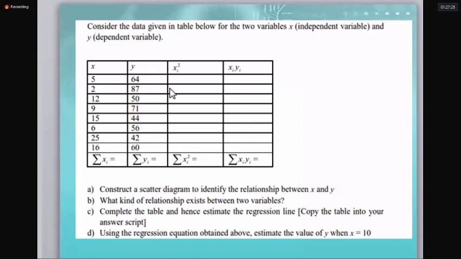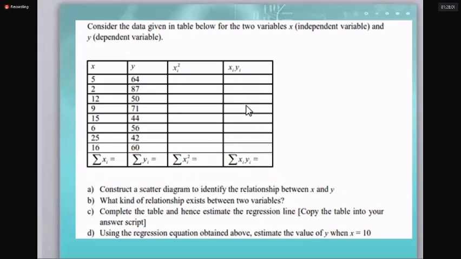Okay, so I got some answer. It says that it's a negative relationship. Yes, it's a negative relationship. You can see that when x is equal to 2, it is 87, and it becomes 64 for 5. That means it reduces. For 9, it's 71. And for 6, it is 56, further reduced. There are some special cases, 9 to 71 a small increment, but in general, we can say that when x increases, the value of y will be decreasing.